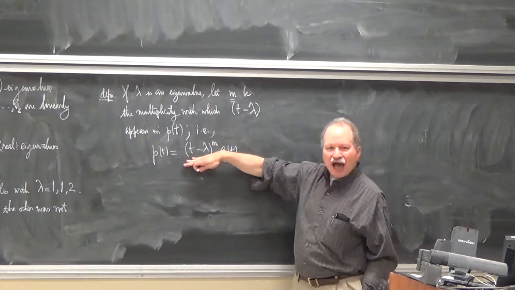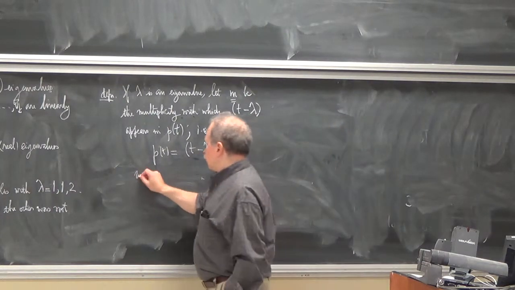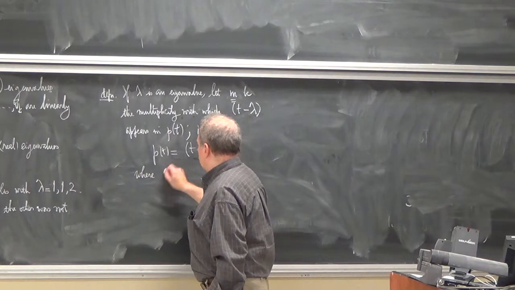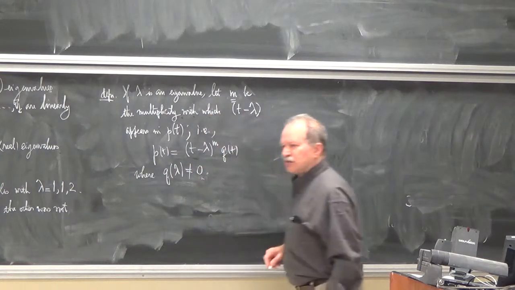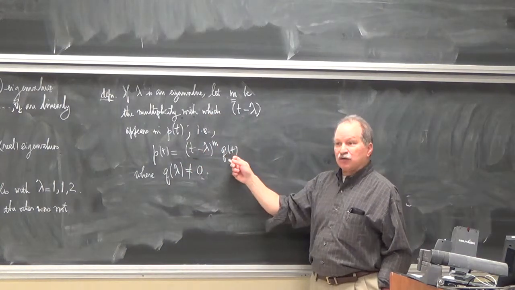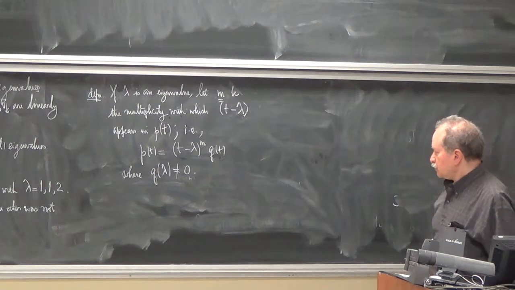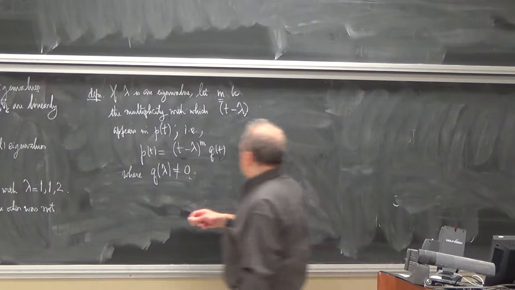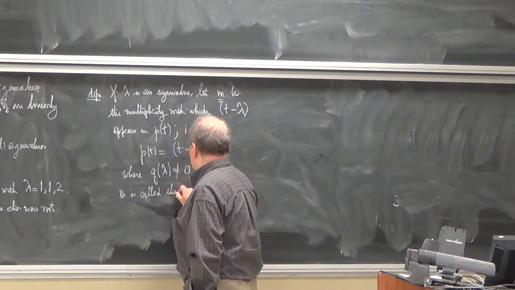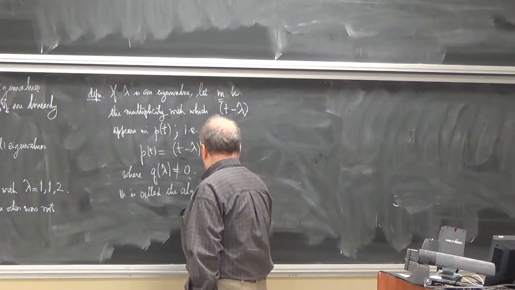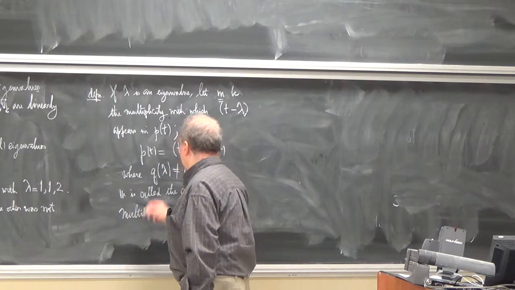So I've taken out the maximum power of t minus lambda I can. Then m is called the algebraic multiplicity. Not surprising, right? Because we're talking about algebra here.